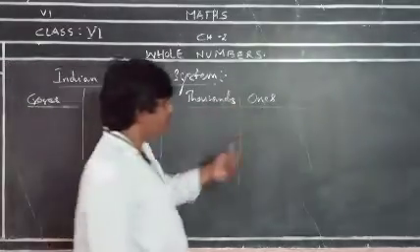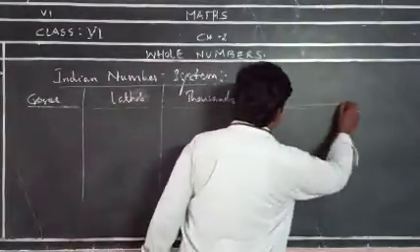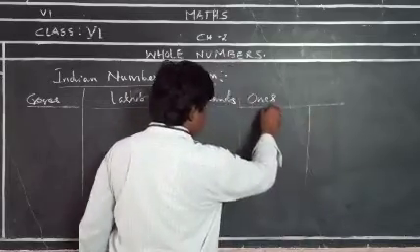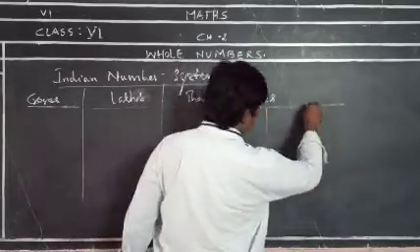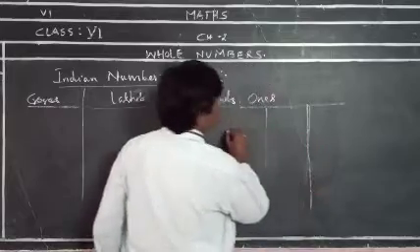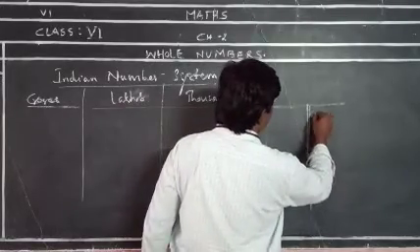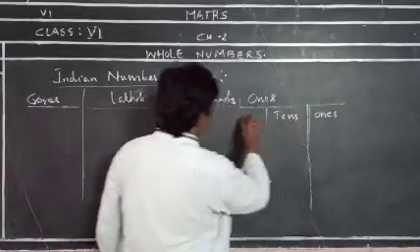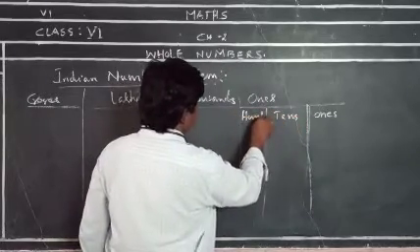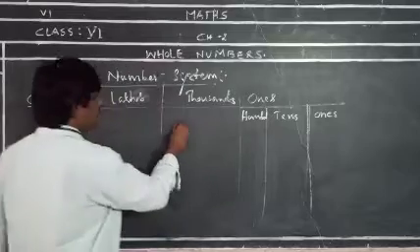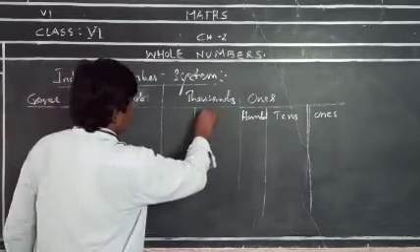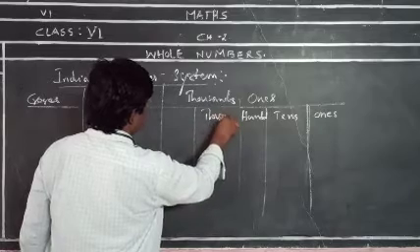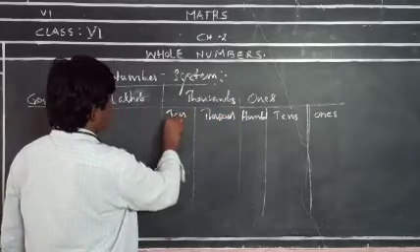What does the ones house consist of? The ones house consists of three sub houses. That is ones, tens, hundreds. Thousands consists of thousands, 10,000s.